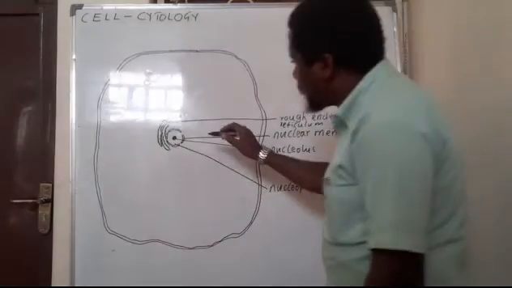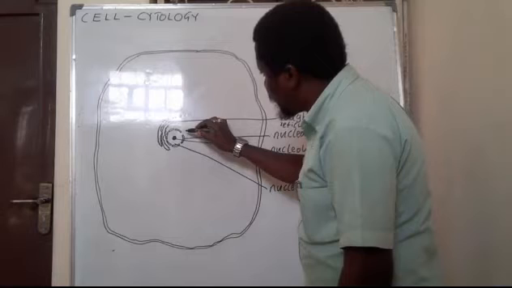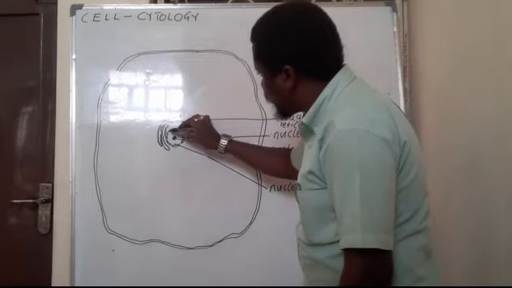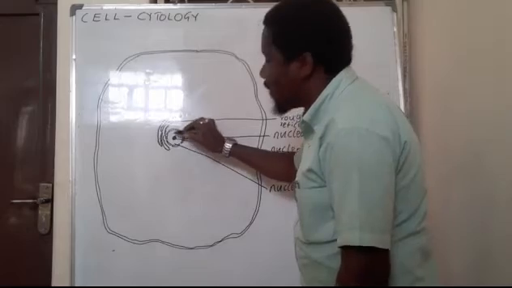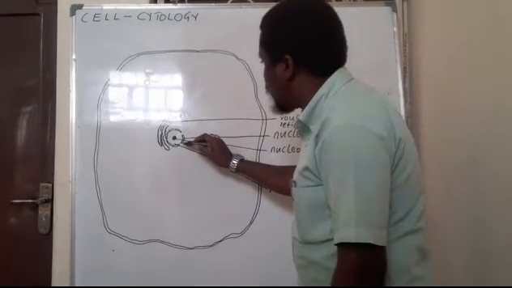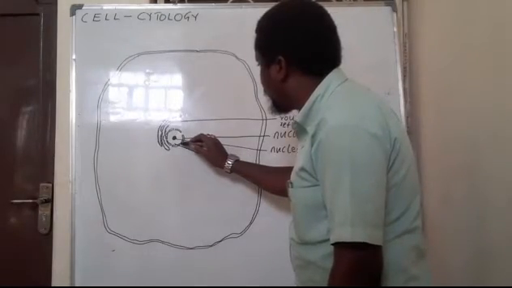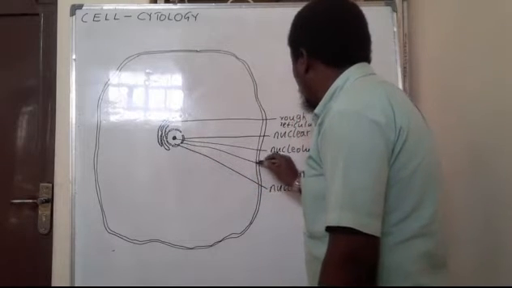As I said earlier, there are pores surrounding the nuclear membrane entirely, and these pores are called nuclear pores.